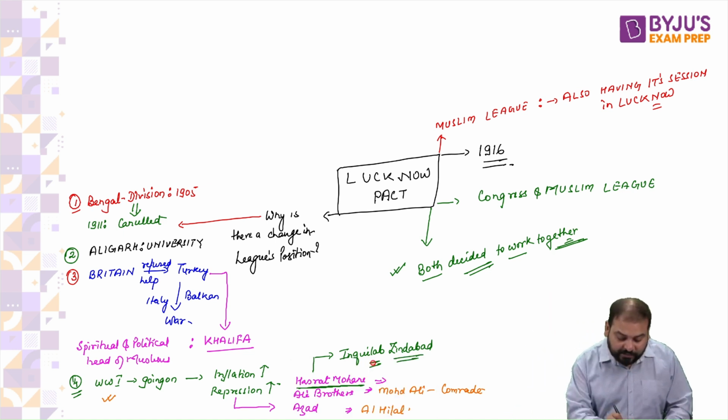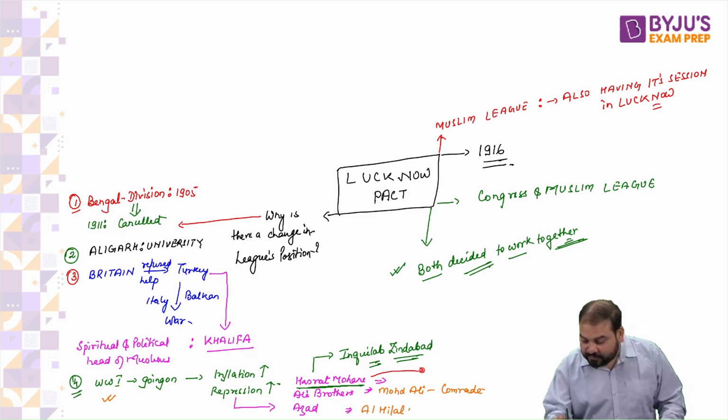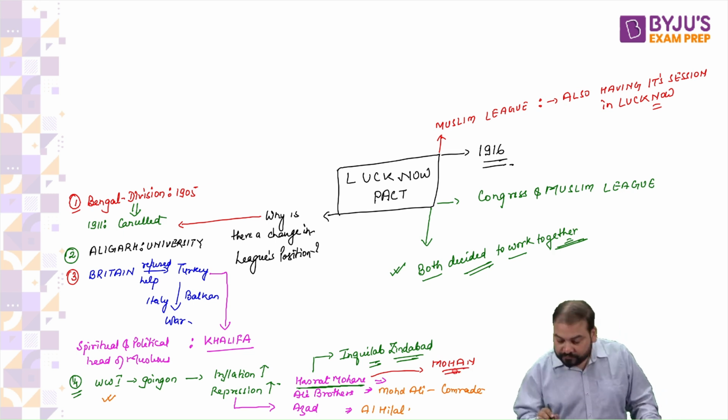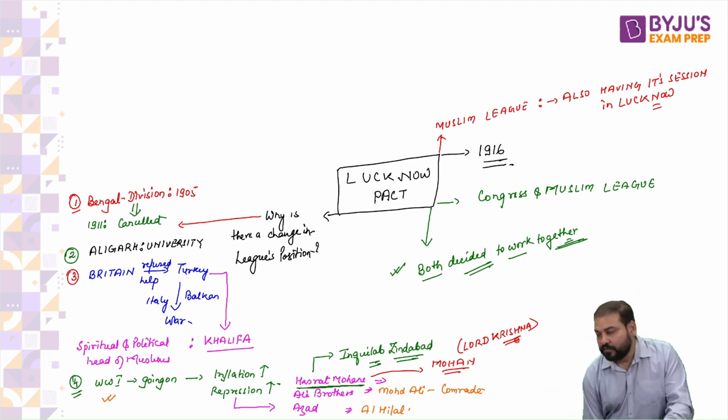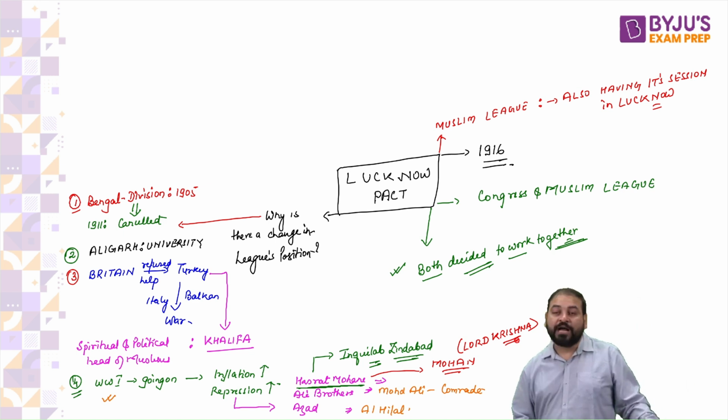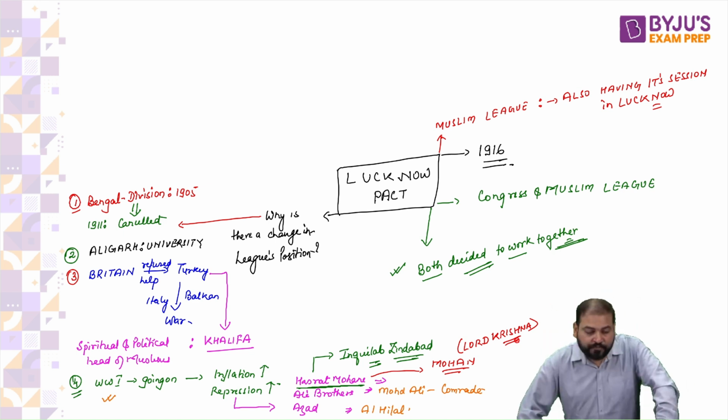Guys, this title Mohani, he takes from the name Mohan. Mohan is what? Lord Krishna. He's a secular man who believed in Krishna, God. And that's why he took the title Mohani from Mohan.